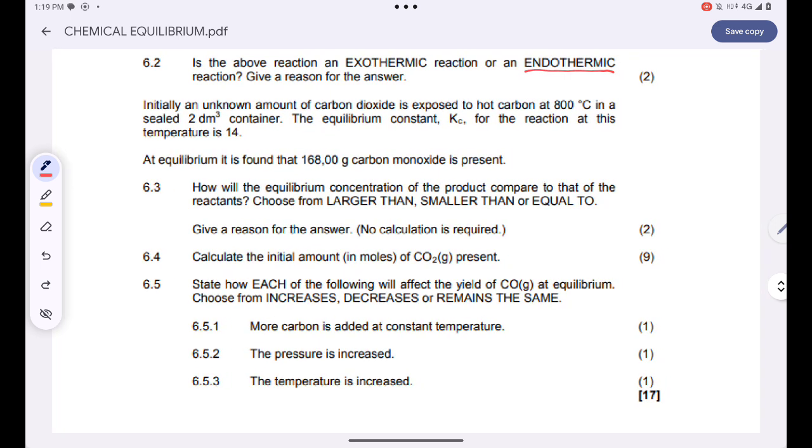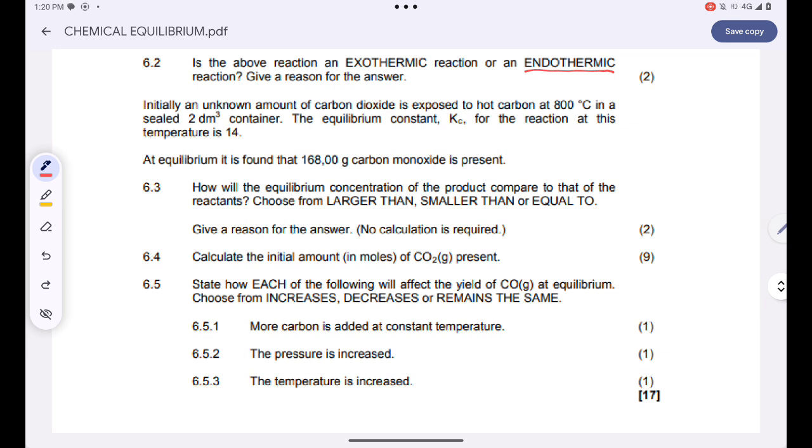Initially, an unknown amount of carbon dioxide is exposed to hot carbon at 800 degrees Celsius in a sealed 2 cubic decimeter container. The equilibrium constant for the reaction at this temperature is 14. At equilibrium, it is found that 160 grams of carbon monoxide is present. How will the equilibrium concentration of the product compare to the reactants?